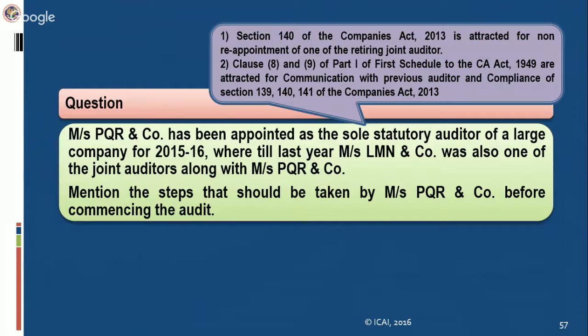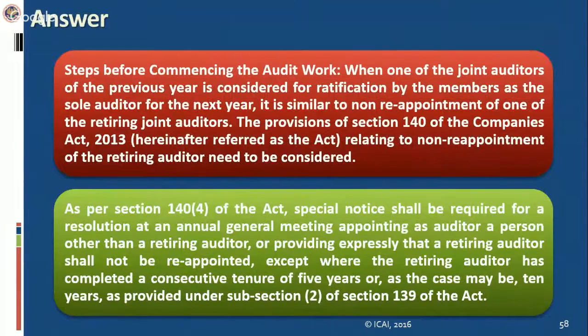And then Clauses 8 and 9 of Part 1 of First Schedule to the Chartered Accountants Act 1949, because here the communication with the previous auditor will be required, and the compliance of Sections 139, 140, 141, 142 will be applicable here. This is how you can write your answer steps. The reference of Section 140 here: Section 140 sub-section 4, where special notice is required, we need to write down all the provisions.